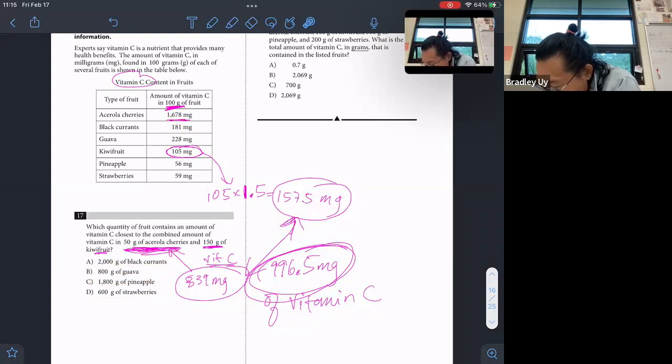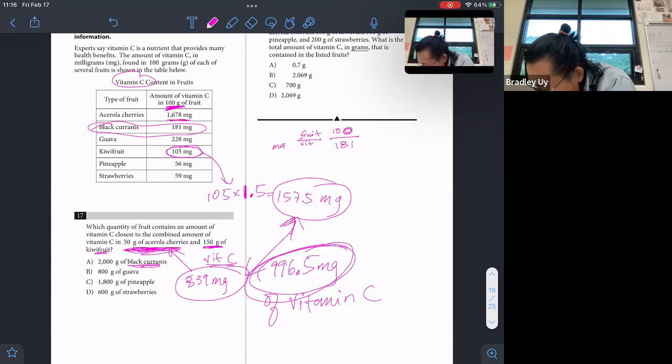Building a proportion, fruit to vitamin C: in 100 grams of fruit, for currants only, there are 181 milligrams.